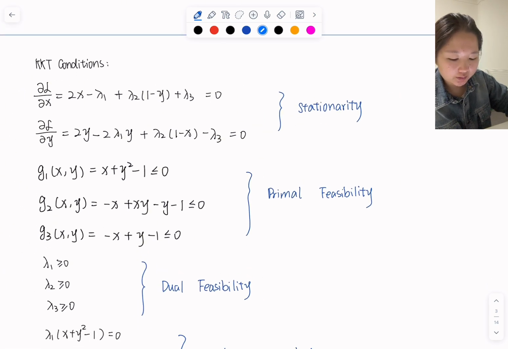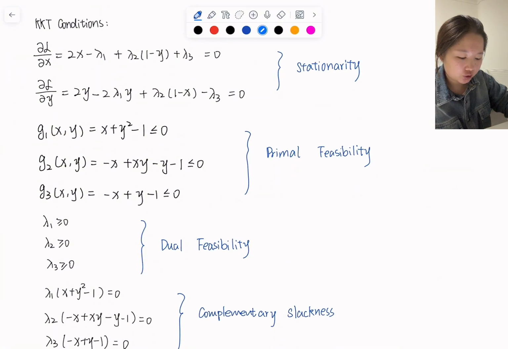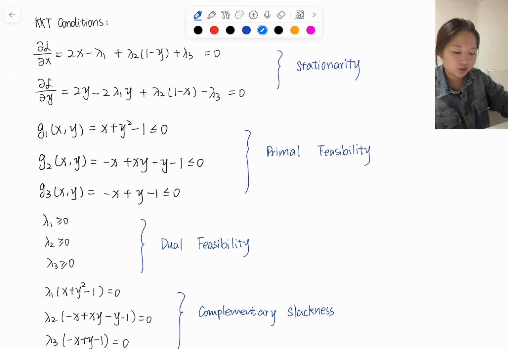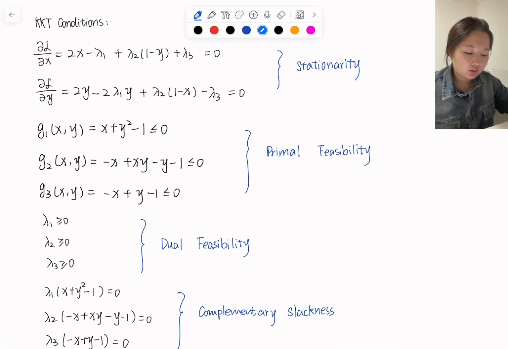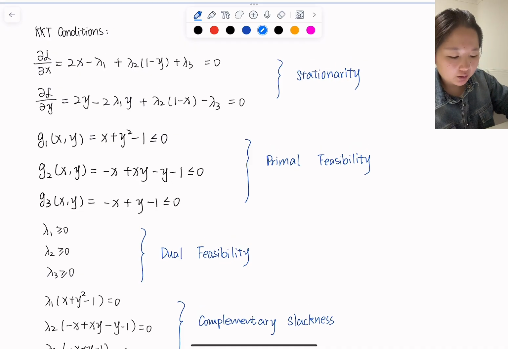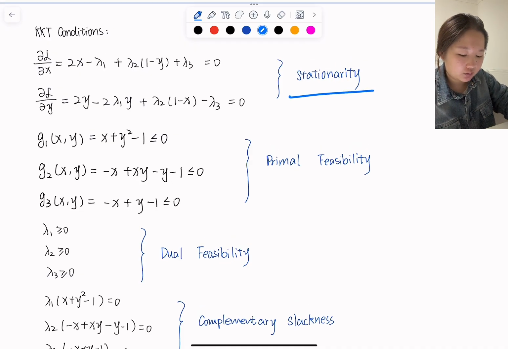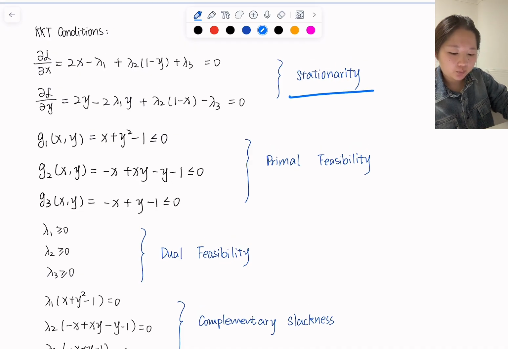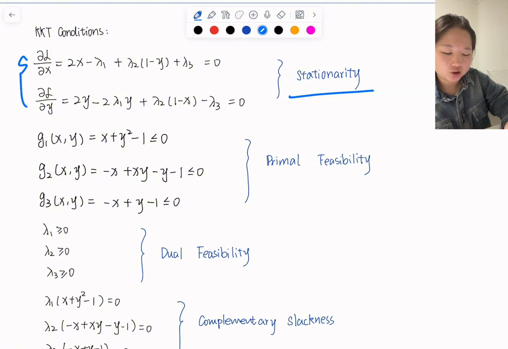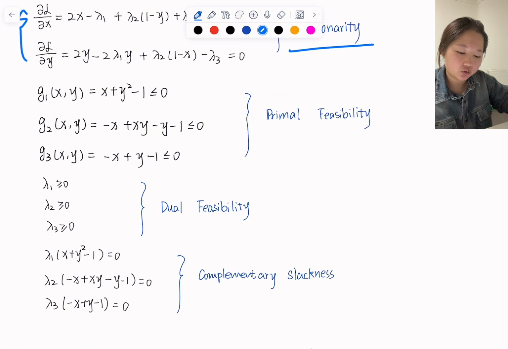Now it's the KKT conditions. We have 4 points that need to be paid attention to. The first one is the stationary point. We need to find the local stationary point, so we set the first order condition equations equal to 0.